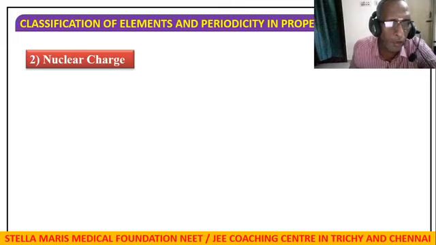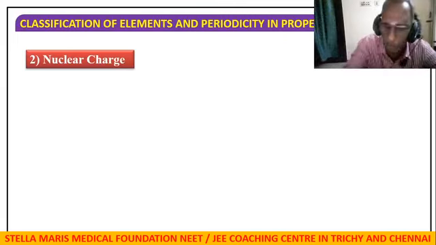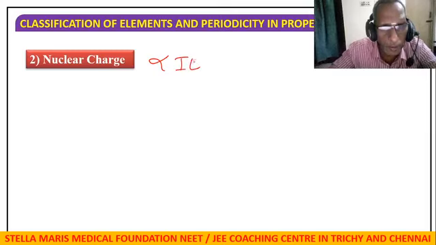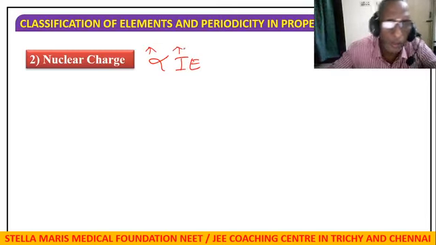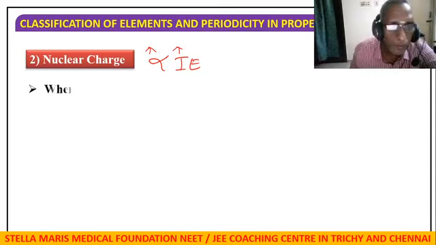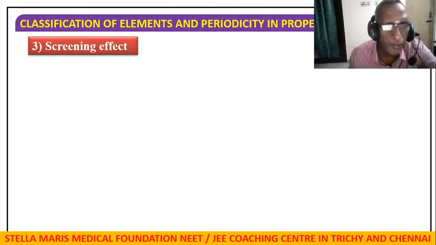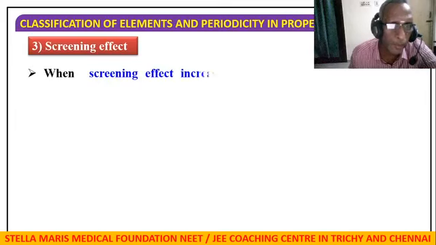Second point, nuclear charge. Nuclear charge is directly proportional to the ionization energy. Higher the nuclear charge, higher is the ionization energy. As the nuclear charge increases, ionization energy also increases. Already we have studied about screening.